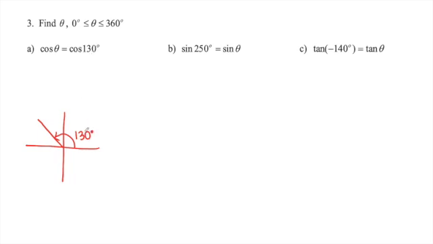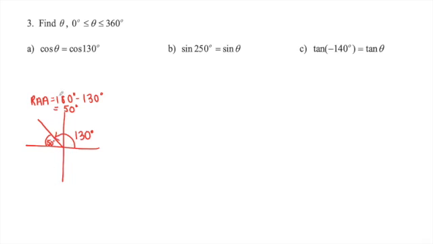So you know that it's 130 degrees. And then you're able to find your related acute angle. So let's go RAA up here. 180 minus that 130, which is equal to 50. So you know your RAA is 50 degrees.